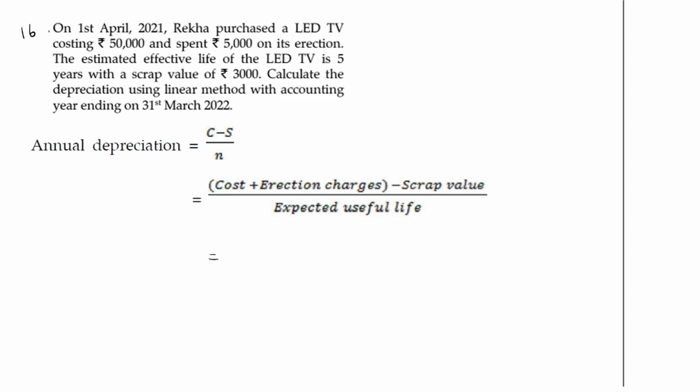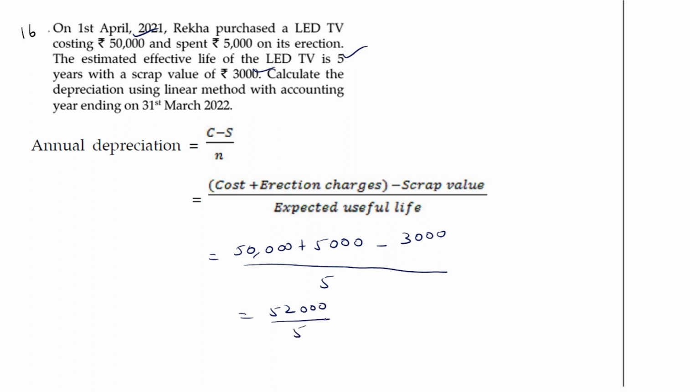So here cost is 50,000, erection charges 5,000, salvage value 3,000, and expected life is 5 years. So this is 52,000 by 5, or it is 10,400. Therefore annual depreciation D equal to rupees 10,400.